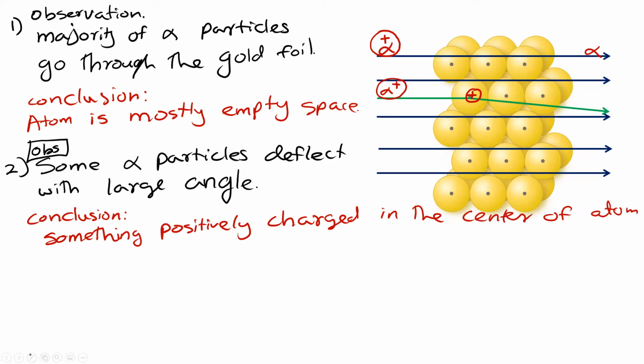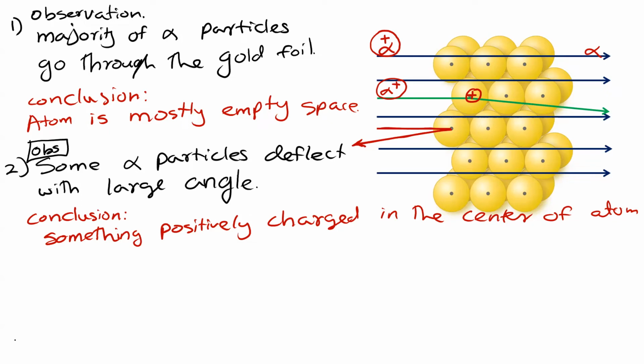And then his third observation is that the alpha particles bounce. So you saw this alpha particle bounced back. What does that mean? Again, think about throwing a ball at a wall. When you hit the wall with a rubber ball, the ball bounces back. Why? Because the wall has some mass, it has some density.